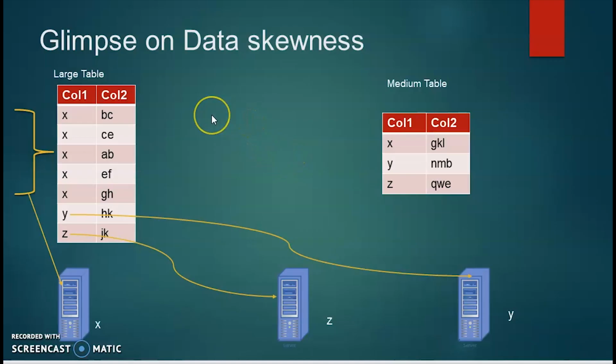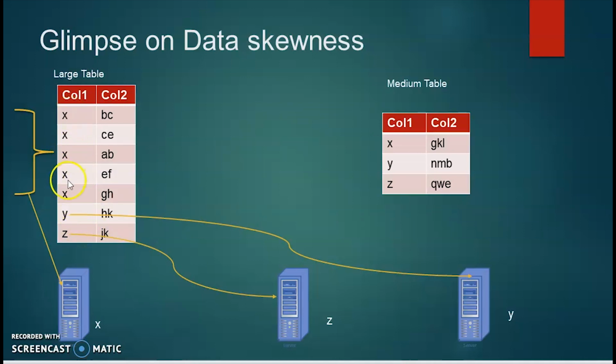So let's understand more about data skewness. Let's say there are two tables, a large table and a medium table, and as I mentioned, one particular value occurs a lot of times, and if the data is not uniformly distributed, this leads to skewness. Let's say this value X occurs a lot of times in this table, and the other values are proper enough.